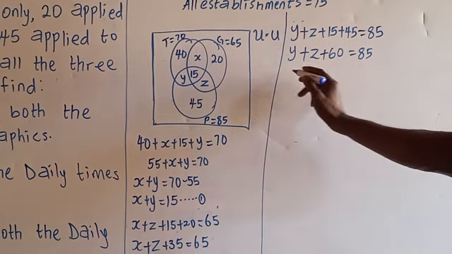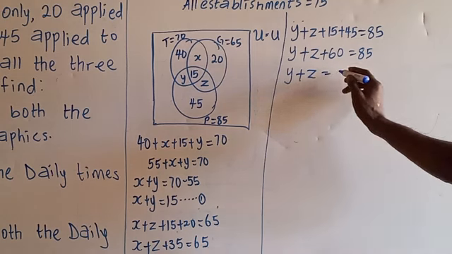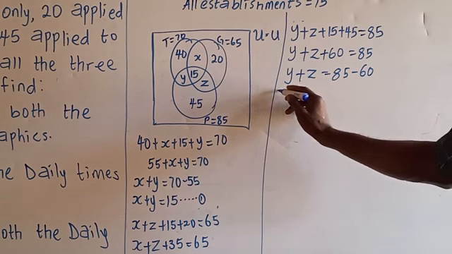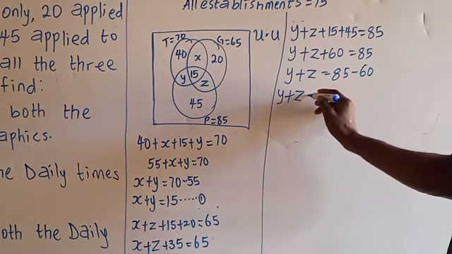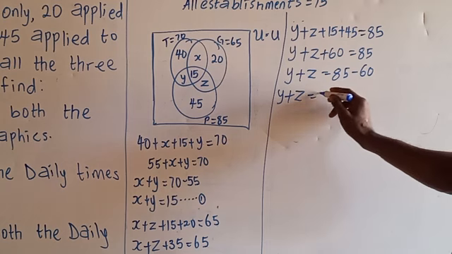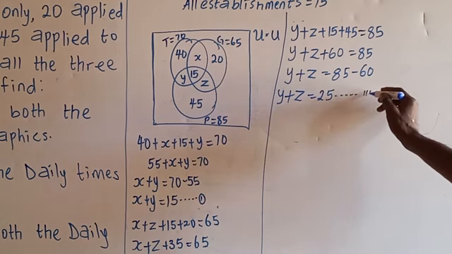Let's move this number to this side. I'll be having y plus z equals 85 minus 60. This is 25, and this is equation 3.